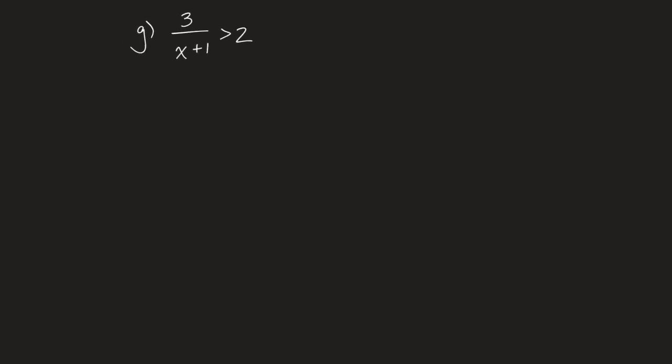Okay, you guys can take a look at question G, and you'll notice that something significant has happened. I don't have a fraction greater than or less than or greater than or equal to, less than or equal to 0. Now it's greater than 2. I'm just going to argue to you that I don't think that that's a meaningful difference.